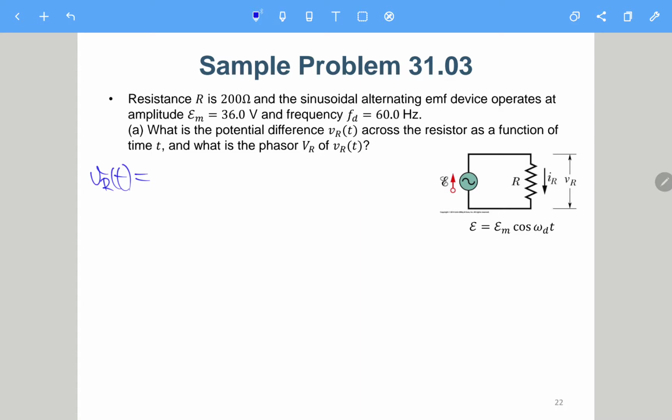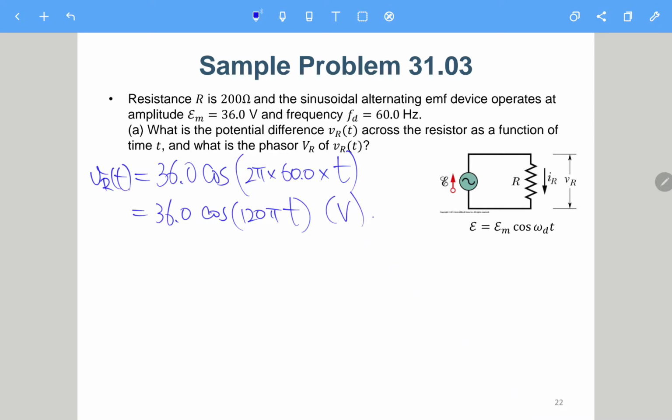It is nothing but E_m, which is 36.0, times cosine of 2 pi times 60.0 times t, which is 36.0 cosine 120 pi t, and volt is the SI unit.